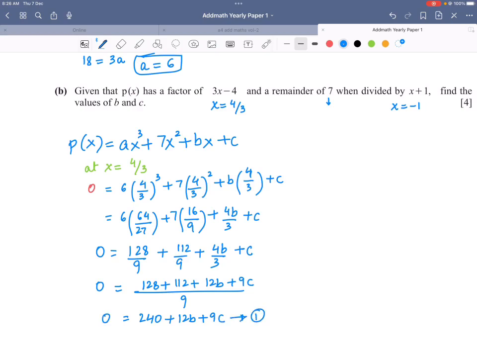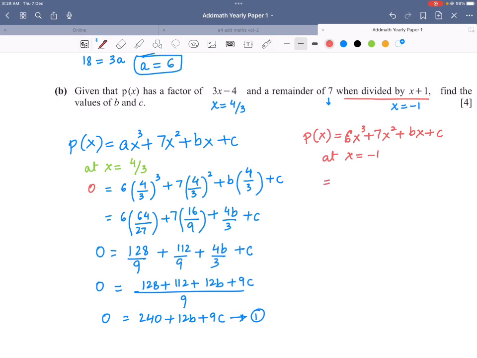Now we need to make the second equation by using the second condition, that is when it's divided by x plus 1. Again we need to write down the equation p of x is equal to, a is 6, so 6x cubed plus 7x squared plus bx plus c, and x is negative 1. So we plug in x equals minus 1.